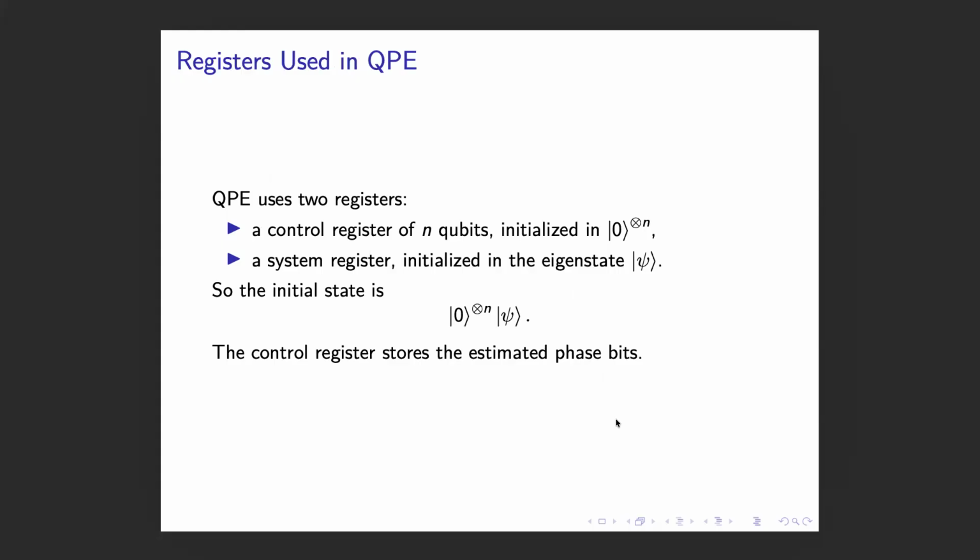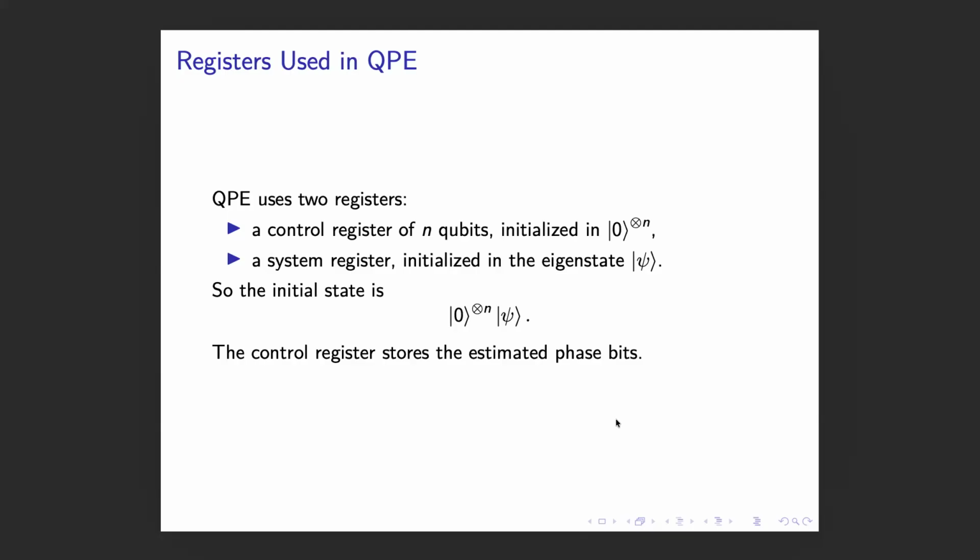So you actually use something which people call registers, or we split between systems and ancilla qubits. So we have something which is called a control register of n qubits, which is typically initialized as a tensor product of zeros.